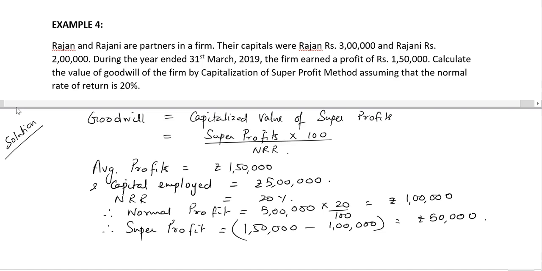So we get the super profit as rupees 50,000 and goodwill is equal to the super profit of rupees 50,000 into 100 divided by NRR, which is 20%, which is equal to rupees 2,50,000.